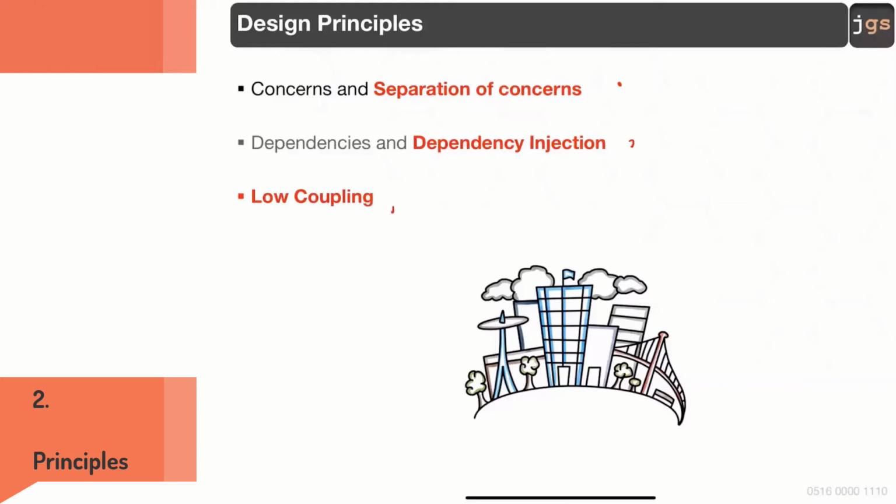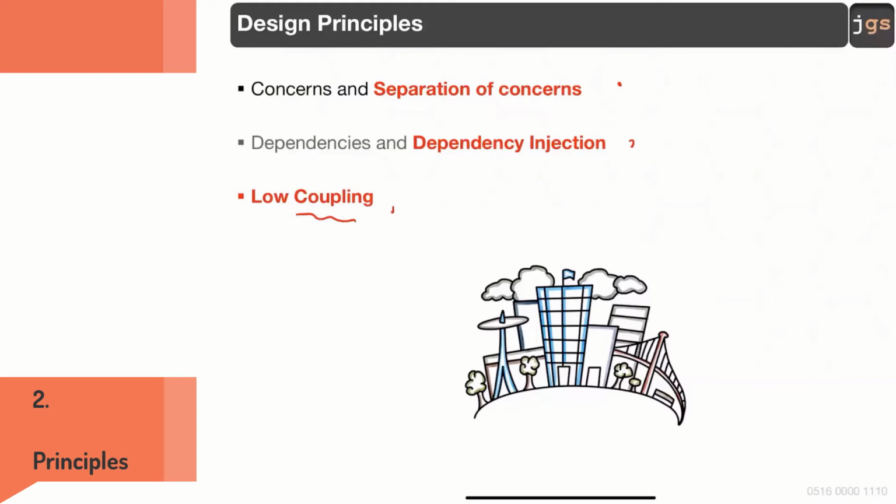With separation of concerns, you need to think about different elements, each element doing one thing, but also those elements connected with others with the minimum number of connections. And that is going to move to the coupling part.